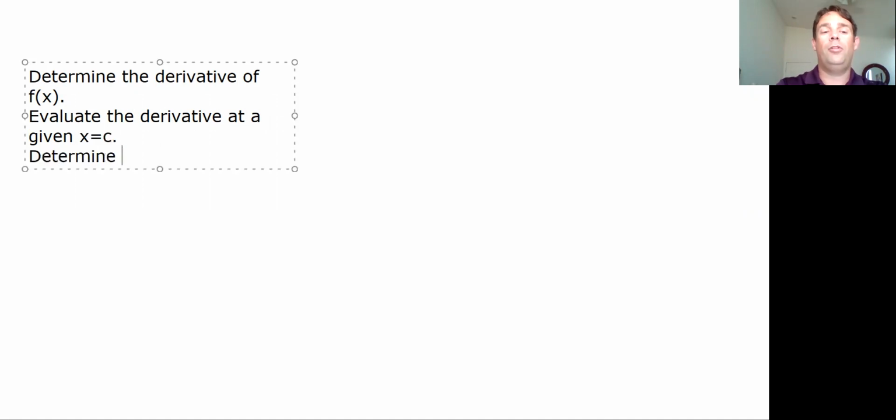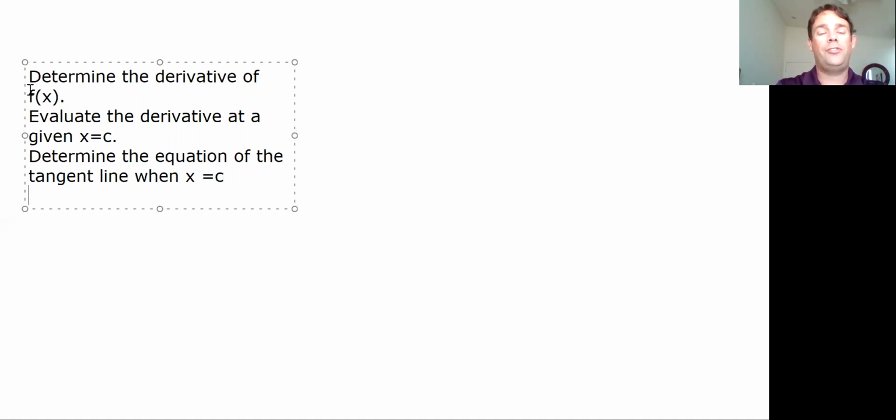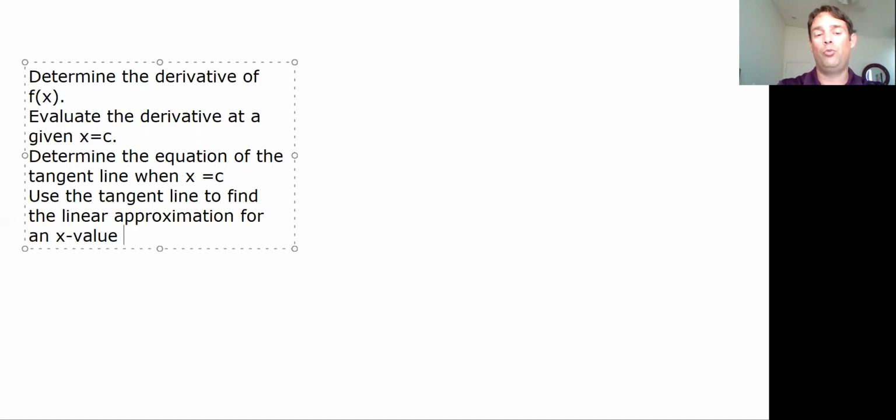We're going to determine the equation of the tangent line when x equals c. And the last thing we're going to do is use the tangent line to find what we call linear approximation for an x value that is really, really close to c.